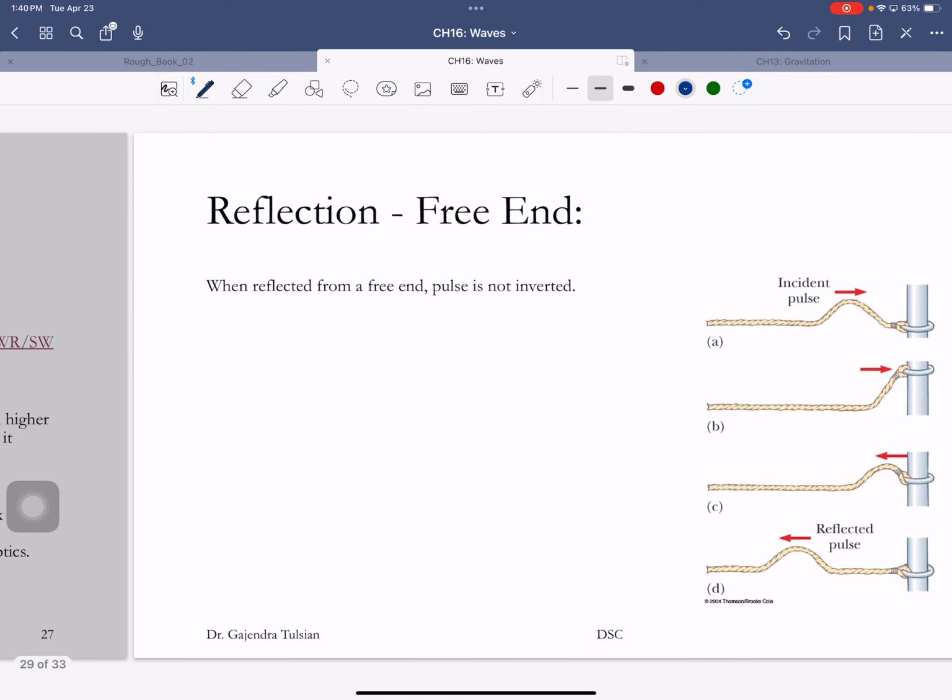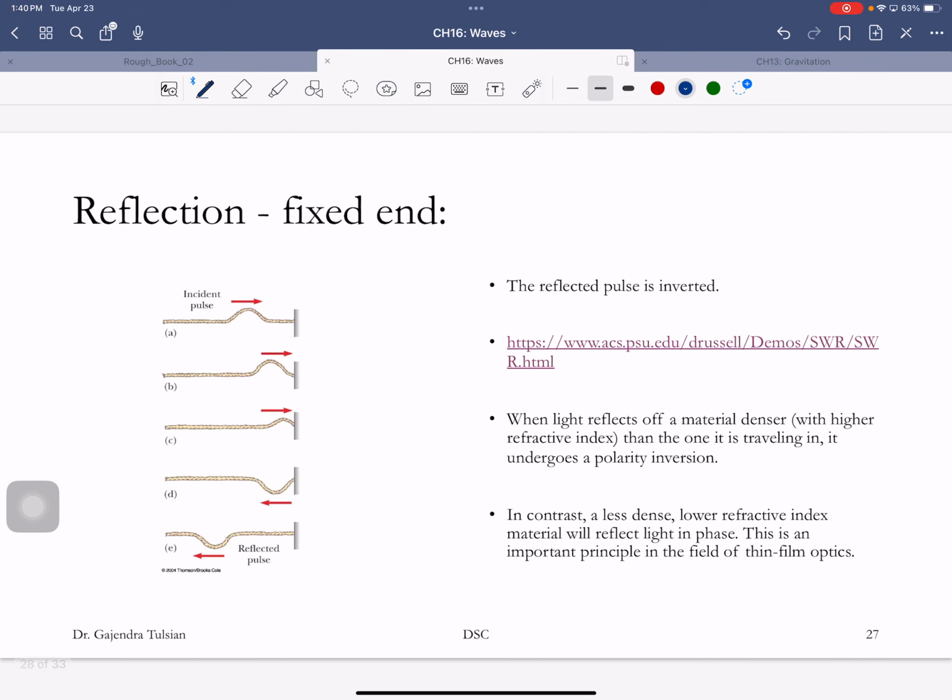All right. So one of the things you will be interested in is reflection at a fixed end. If you send a pulse down on the string, and if the end is fixed, a positive pulse becomes a negative pulse on reflection. This sort of mimics the following.